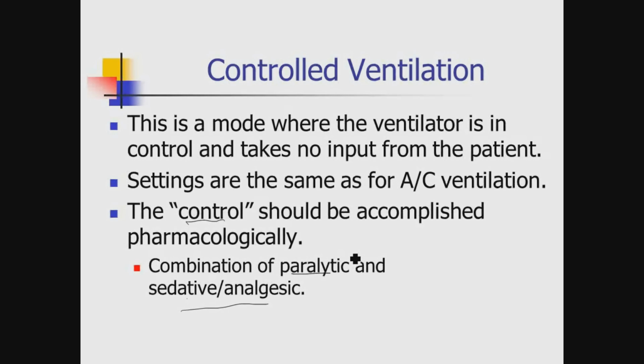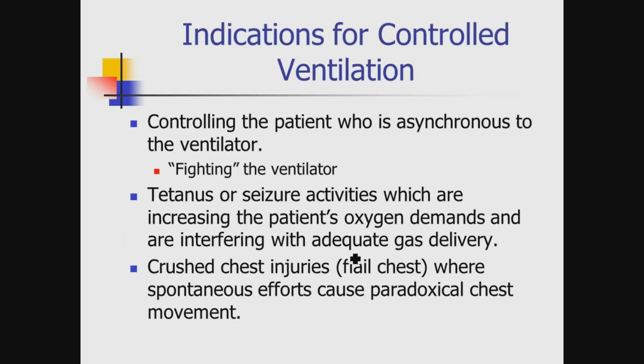Put them in a coma and manage them that way. And that's what the next slide shows you. Sometimes patients with seizures, patients with really severe flail chest, where the paradoxical chest movement is just causing too many issues. Bad asthmatics, sometimes we'll do that with.